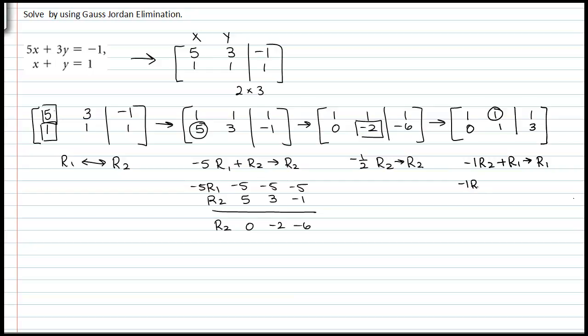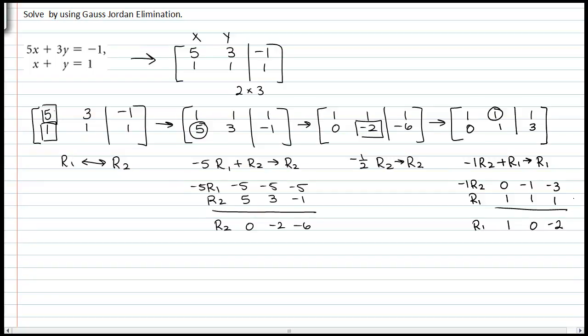So -1 times row 2 is 0, -1, -3. Row 1 is still 1, 1, and 1. And your new row 1 is going to be 1, 0, and -2. So your final matrix is going to be 1, 0, -2, 0, 1, +3.